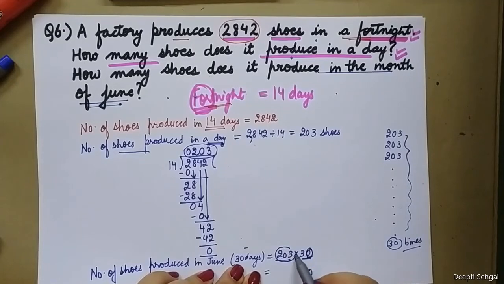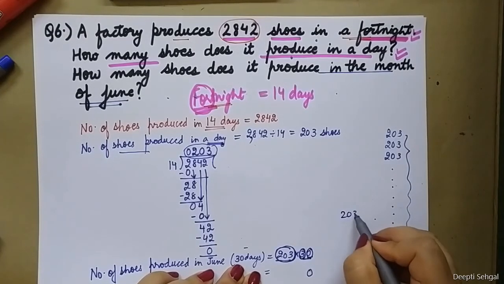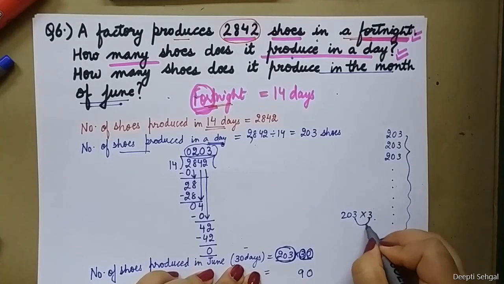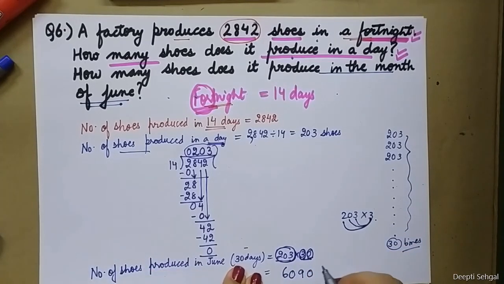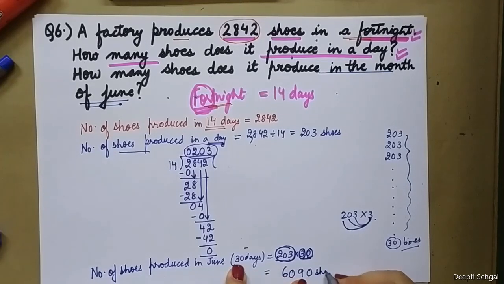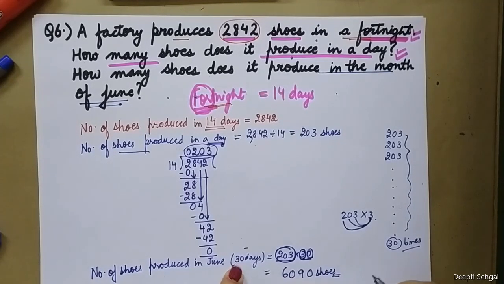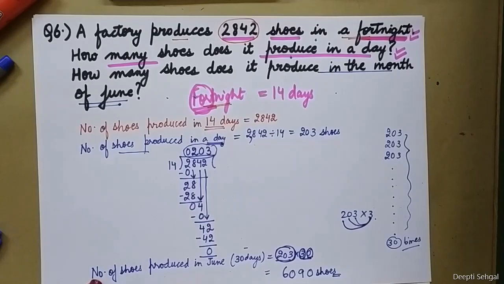Now what is left? 203 multiplied by 3. So 3 multiplied by 3 is 9. 3 multiplied by 0 is 0. 3 multiplied by 2 is 6. So 6090 shoes are produced in the month of June. Now you can write the ending statement on your own.